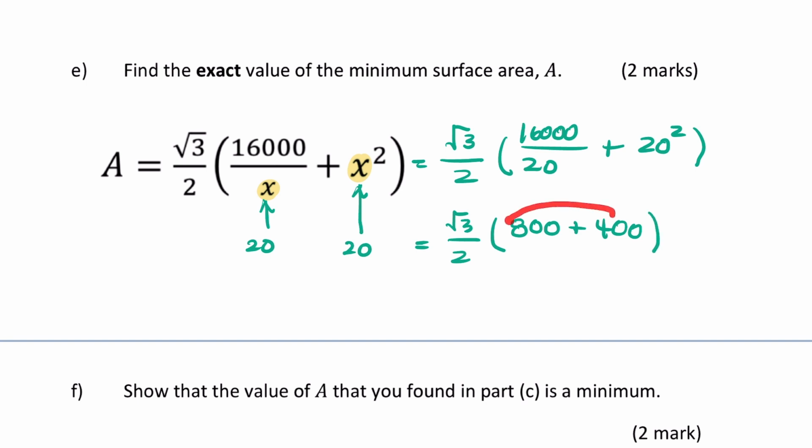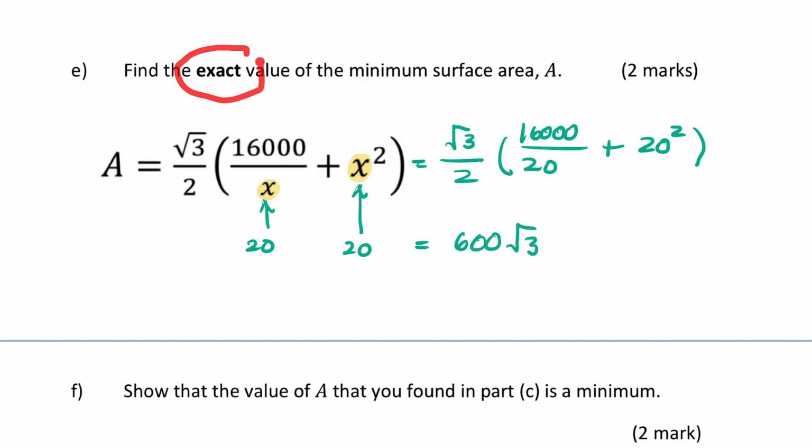So that'll give you 1200 divided by 2 is 600. So it's 600 root 3. And again, don't put that in your calculator because they want the exact value. So the surd has to remain. And the unit will be centimeters squared.